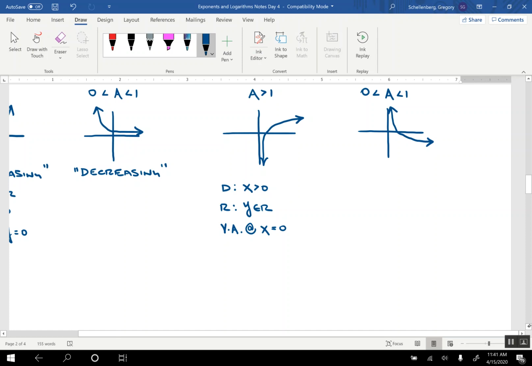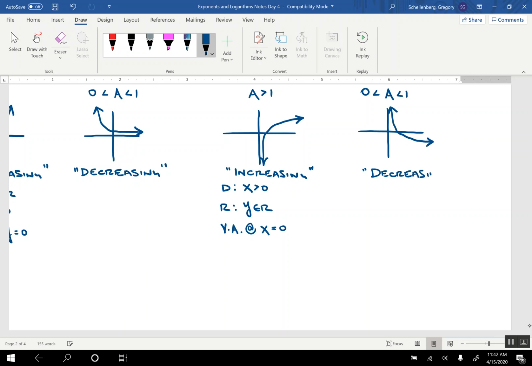Domain, x is greater than 0. Range is all real numbers. And let's just label this. So this is an increasing logarithmic function when the base is greater than 1. And then this is a decreasing logarithmic function. Okay, so moving on.